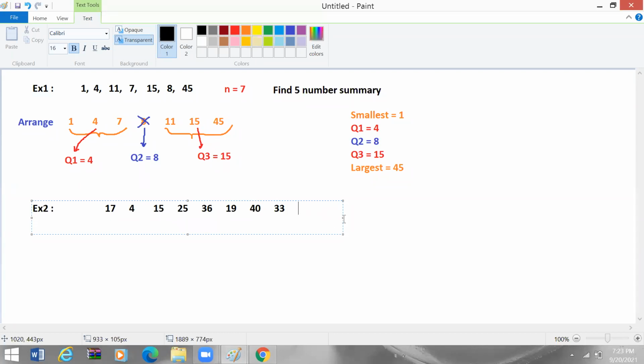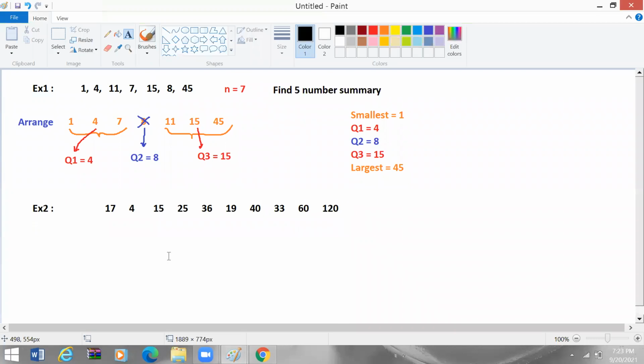Let's say I do 10 data, just to make sure that we know what it is. And then we're going to have 60, and then 120, for instance. So we have 10 data, okay? If we have more data, it's going to take a little time to arrange them in order, so that's a little bit of a big deal.